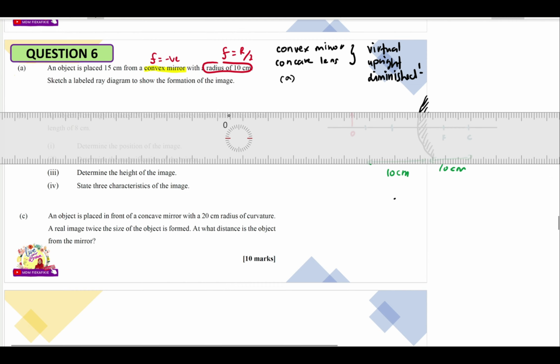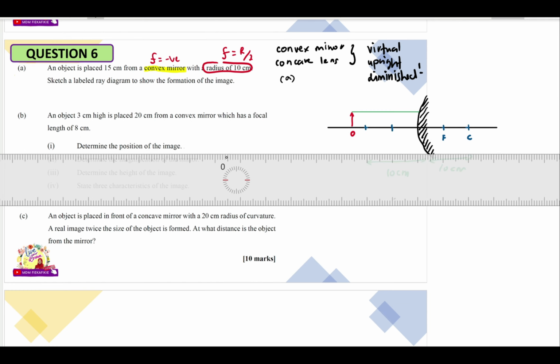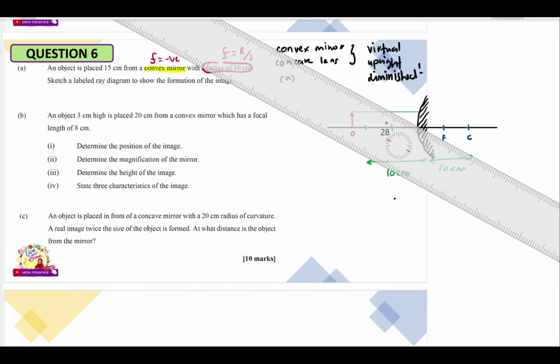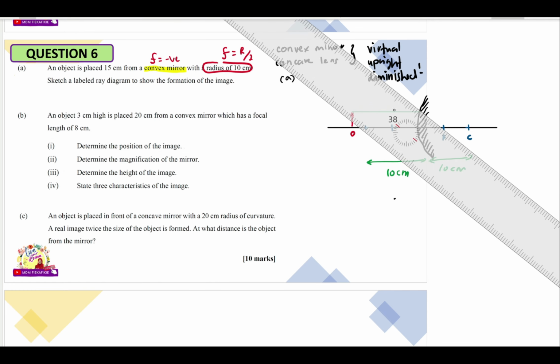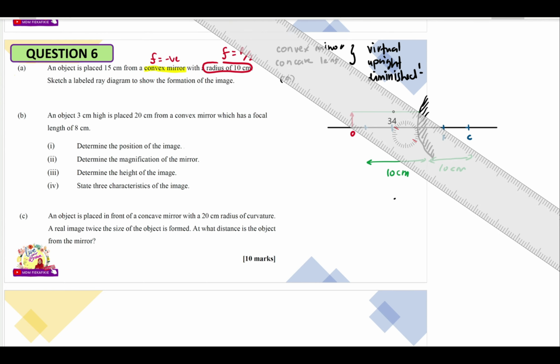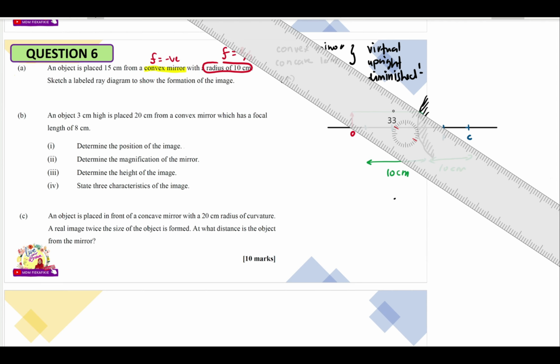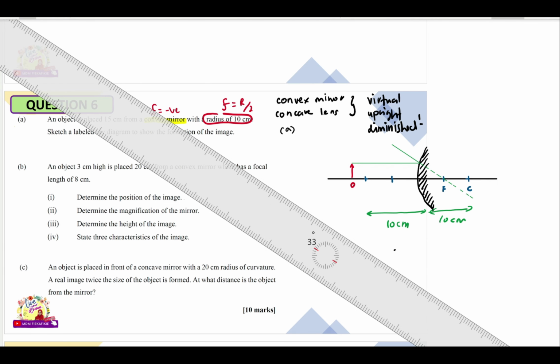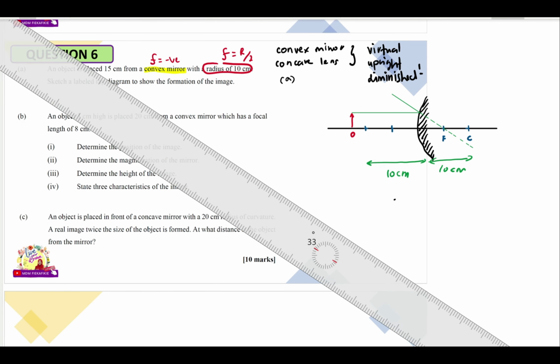Dah akan jadi macam inilah, and then dia akan macam inilah. Yang ni you kena hafal macam mana nak lukis supaya you tak ada masalah. Sorry. Dia akan jadi macam ini. So, this is ray number 1.